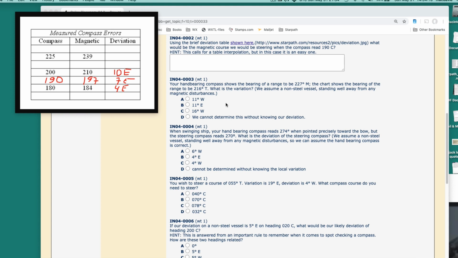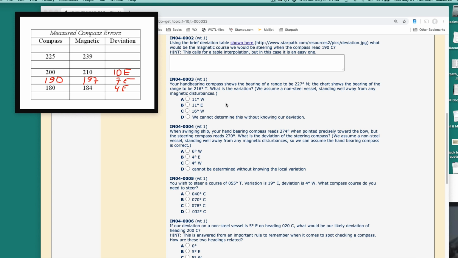Now, here's the other assumption in this type of problem. We are assuming that the hand-bearing compass is reading the correct magnetic bearing. In other words, the ship's compass could well have some deviation in it. But we're assuming that we have a hand-bearing compass and we don't have any kind of watch right next to it or steel rings, and we're not holding it up to steel eyeglasses.